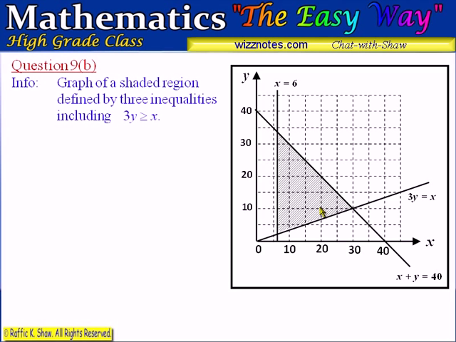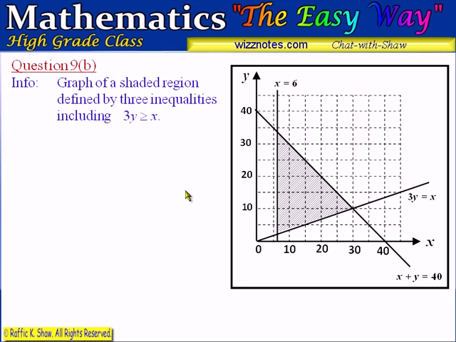So 3 times 10 is actually greater than 20. So the shaded region satisfies this inequality, and then on the line 3y will be equal to x. So the line and the shaded region above the line satisfy this inequality.